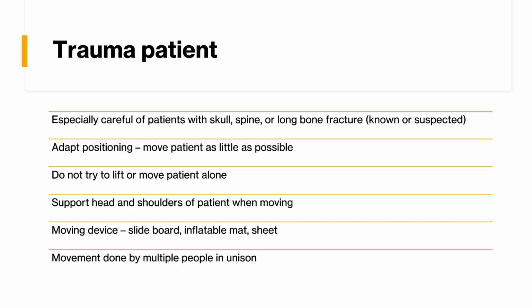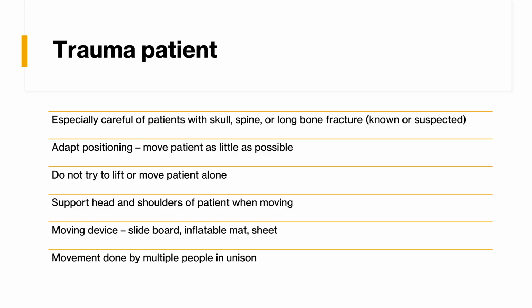When you do have a trauma patient, it's really important that you are careful, especially with moving them. So if somebody has a suspected skull or spine fracture, you'll generally see that in the history or in the order that you get. You'll want to make sure that you're moving them as little as possible to get that imaging, because that could severely injure them.